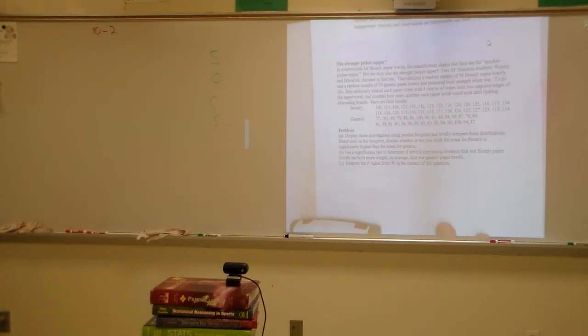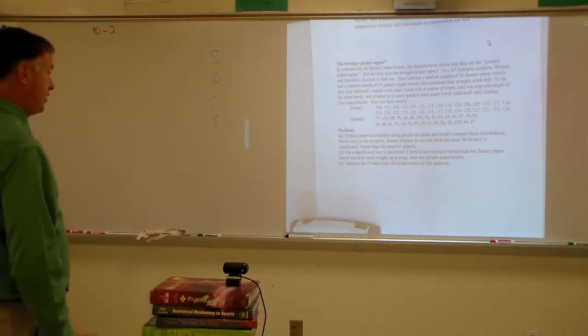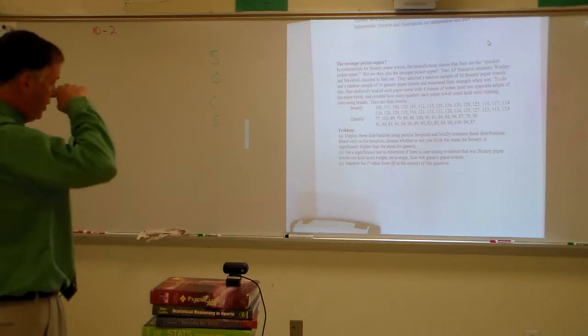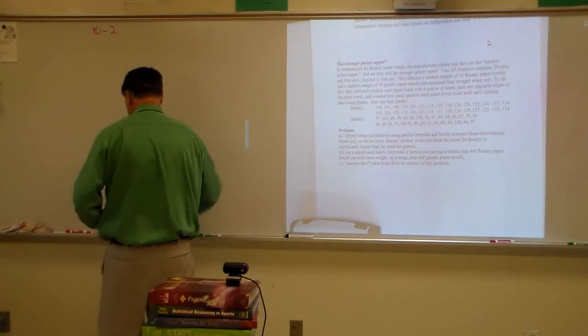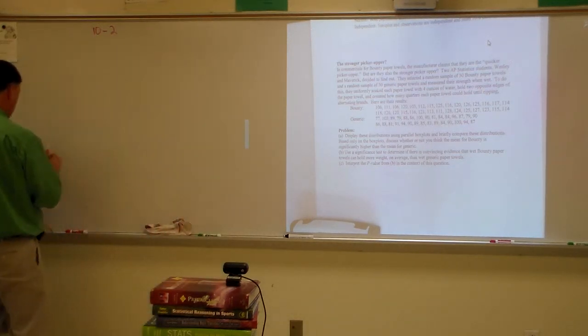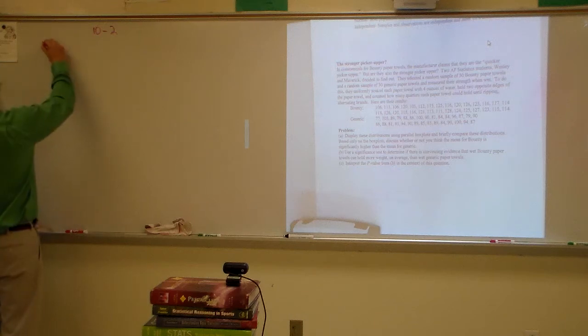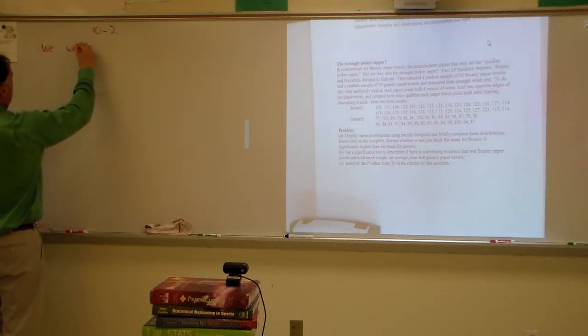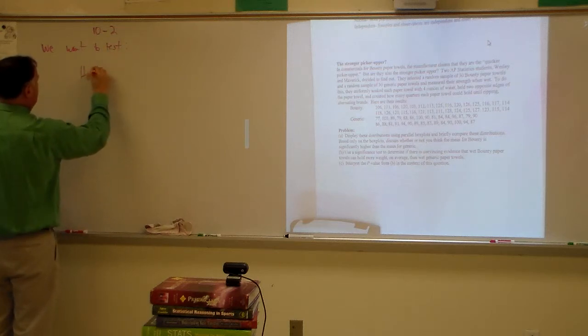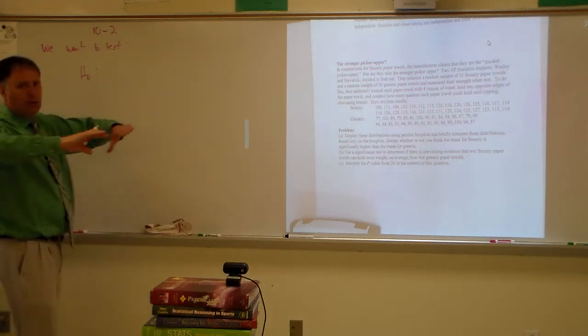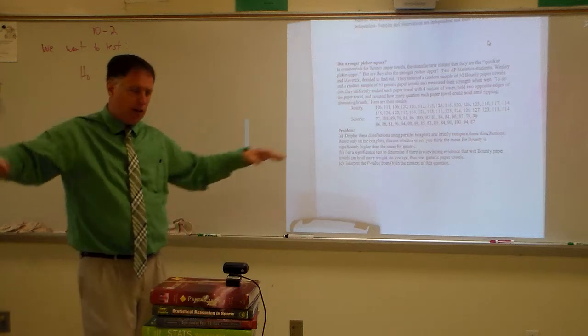We want to do a significance test to determine if there's convincing evidence that Bounty paper towel can hold more weight. Okay, so ready? Here we go. We want to test H subscript 0, the null hypothesis, there is no change.